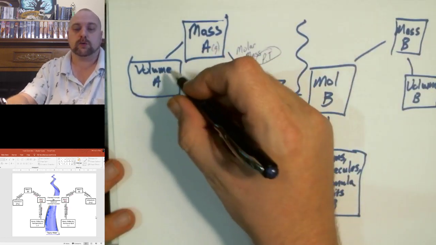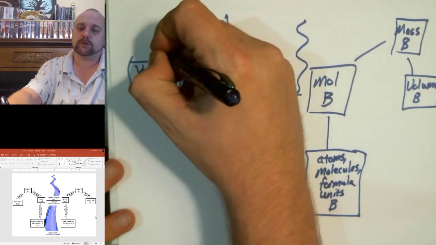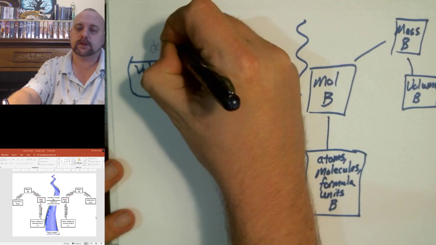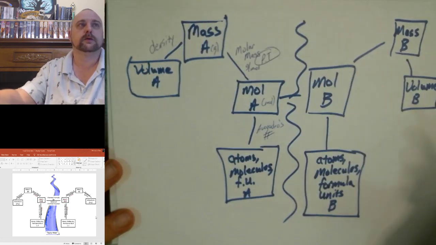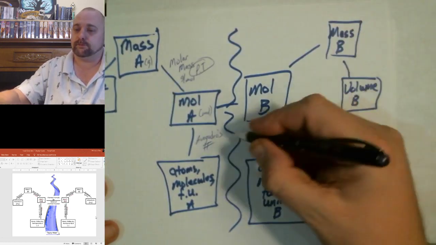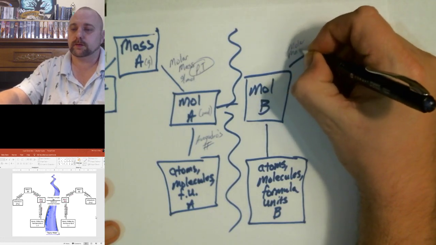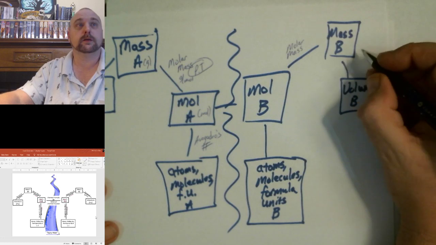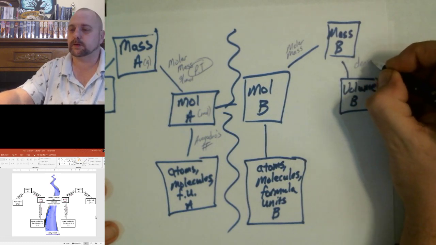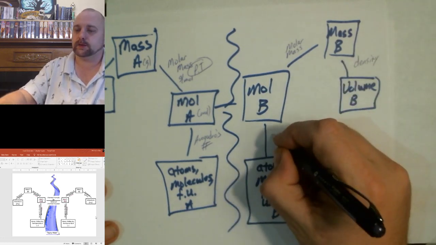Alright. Going from mass to volume, we did that in chapter 1. That was the density. So I'm going to copy over on this side. This will be the molar mass. And this will be the density. And down here will be Avogadro's number.